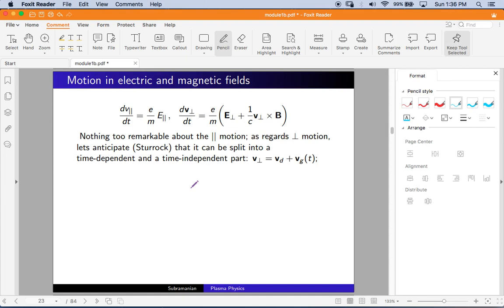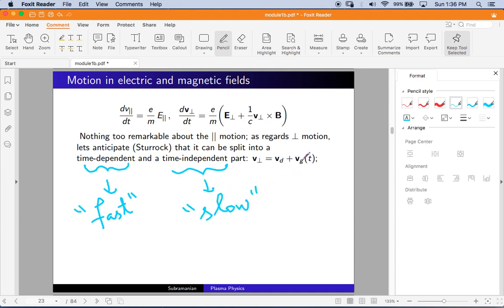Let us anticipate, and this treatment is due to Sturrock, that it can be split into a time dependent and a time independent part. This would be the time independent part, there's no time dependence here, and this would be the time dependent part. I would say this would be fast motion and this would be slow.